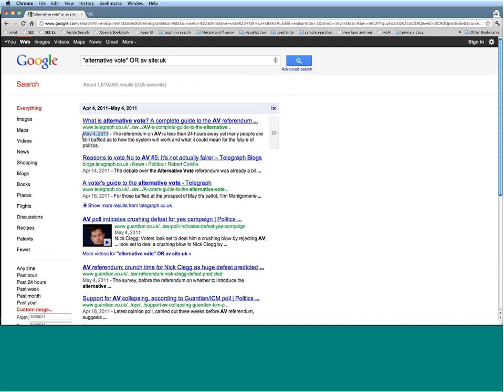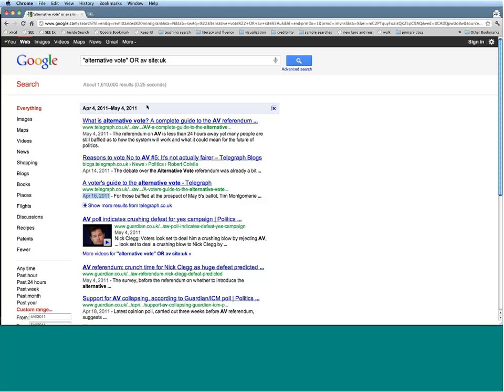And because we're crawling so fast, it's a pretty good measure. I can see that Google is telling me the date on which each of these pages was discovered, and they all fall in that period before the date.